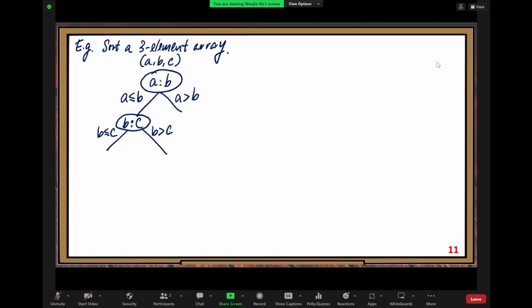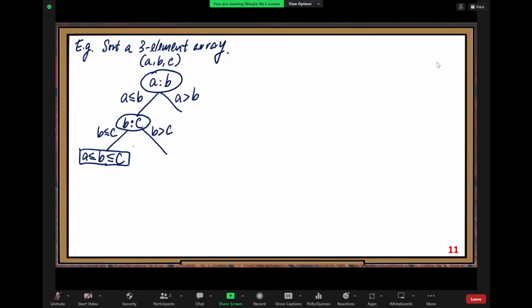So now our node won't be a comparison node, it must be an outcome node, a sorting result node. We use a rectangular box to represent the sorting result, A less than or equal to B less than or equal to C. That's the bottom leaf node.